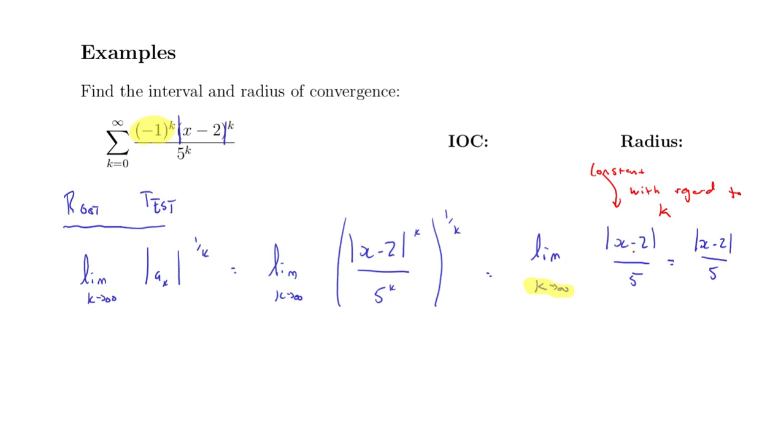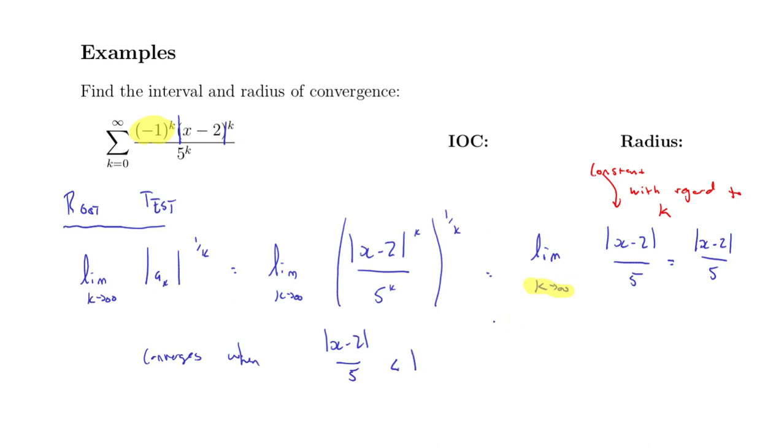As k goes to infinity, nothing changes on this. Now, for the root test, we need this to be less than 1. So our series converges when the absolute value of x minus 2 over 5 is less than 1.